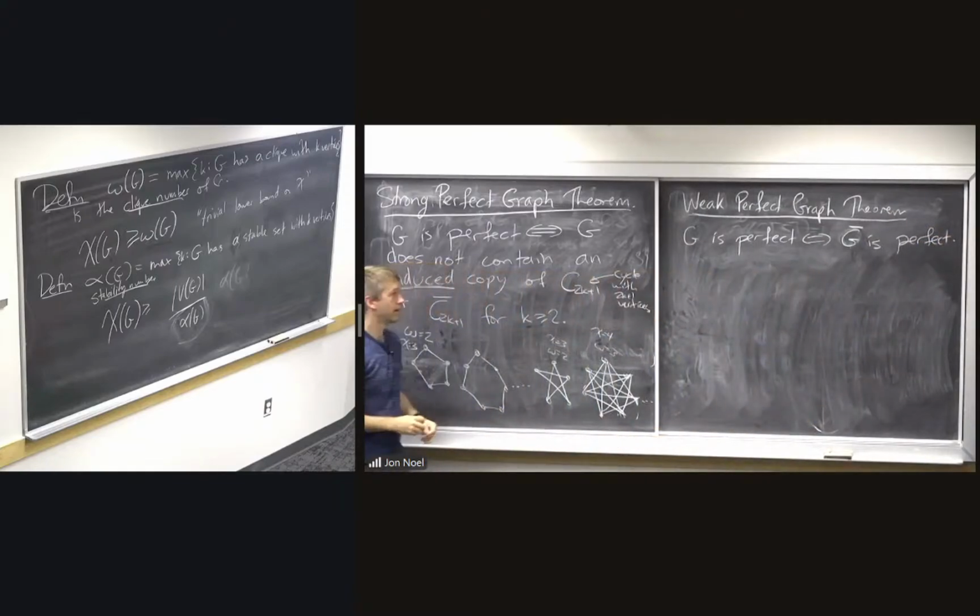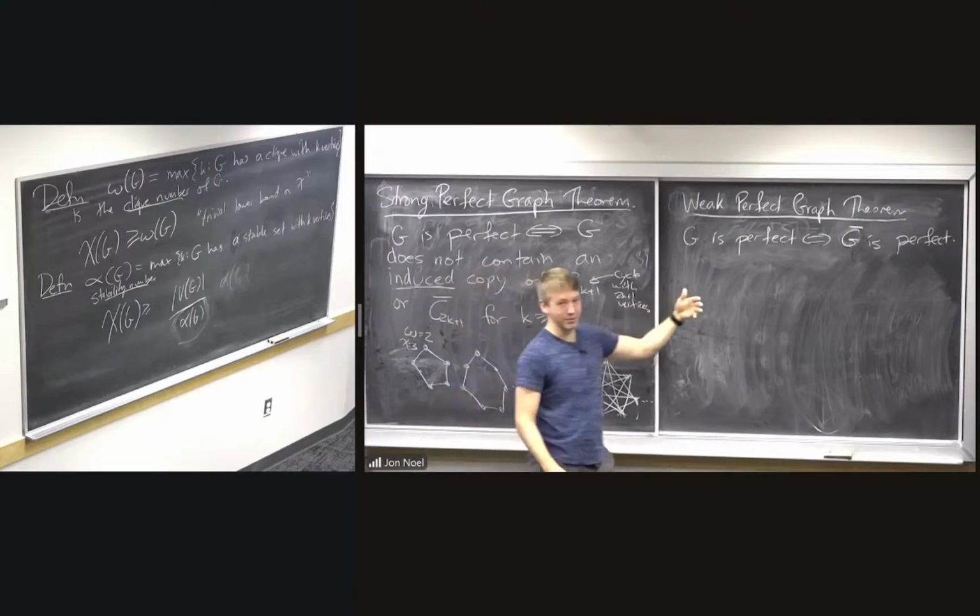It's kind of a strange statement, but it's nice because this sometimes allows you to say, suppose there's some class of graphs you're interested in and you want to know if they're perfect, but maybe it's hard to prove it. What you could do is think of the class of the complements of those graphs, prove that those are perfect, and then it implies that these ones are perfect. Sometimes it's easier to deal with the complements than it is to deal with the original graphs.